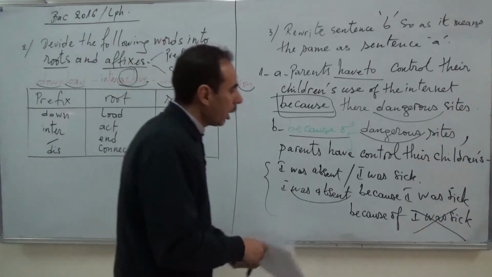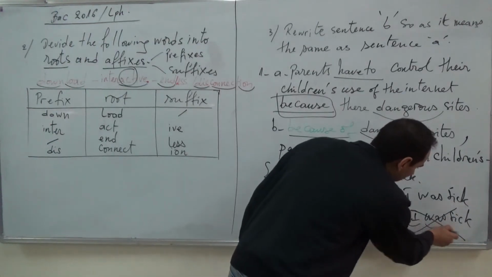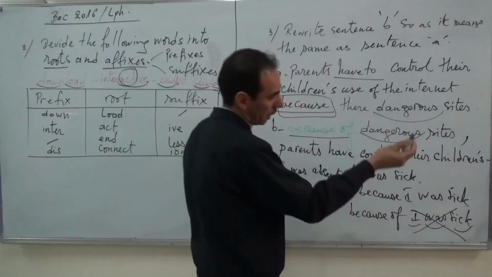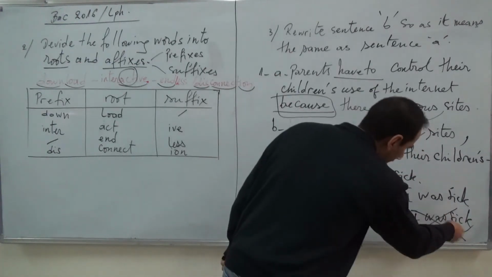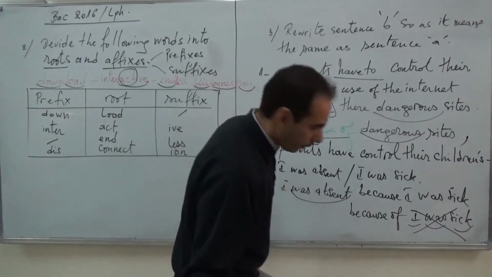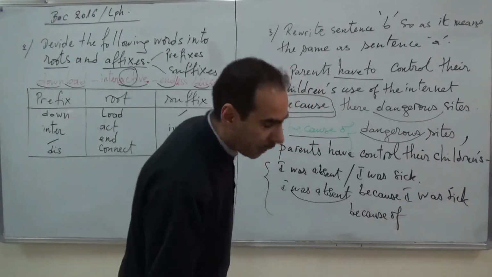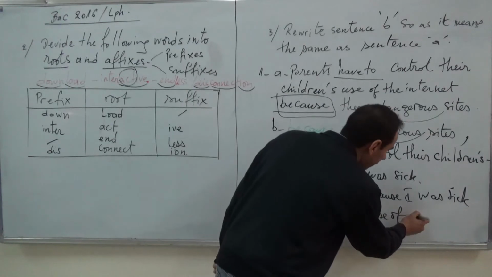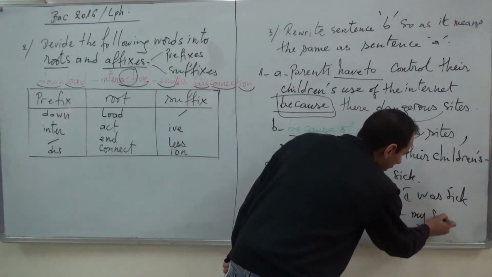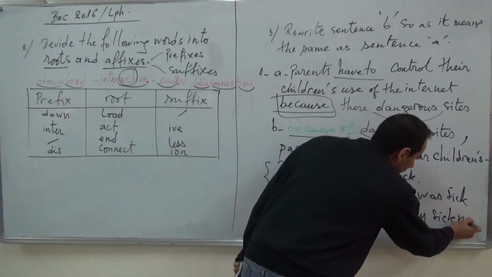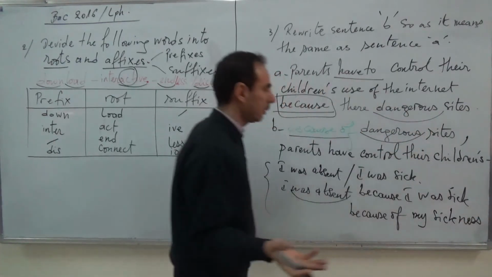So it is the same thing in English. We don't need subject, verb and adjective as it is here, because we have a couple of verbs. We just need because of a phrase, because of my sickness.